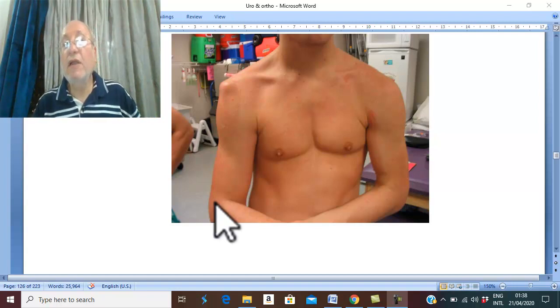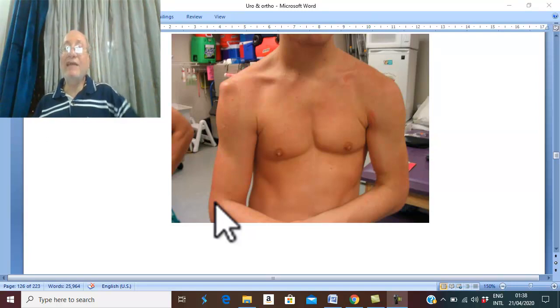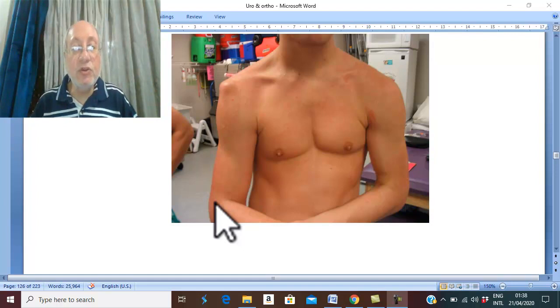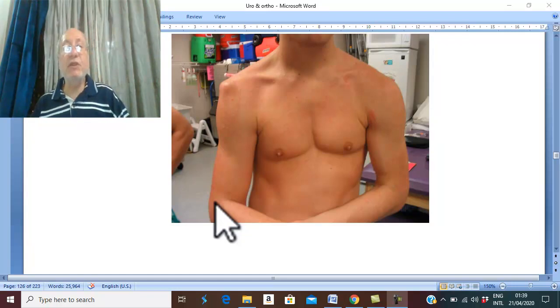Sure, never forget to ask the patient to try to abduct the shoulder after correction of the deformity. After correction of the deformity and after treatment, ask the patient to do abduction.